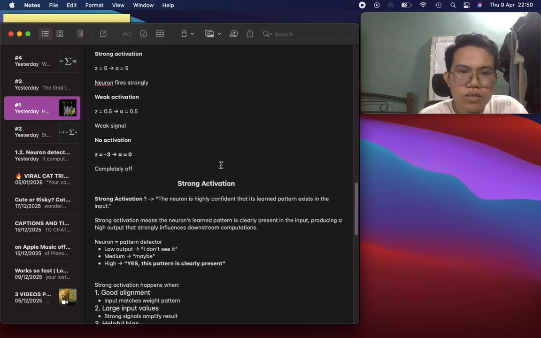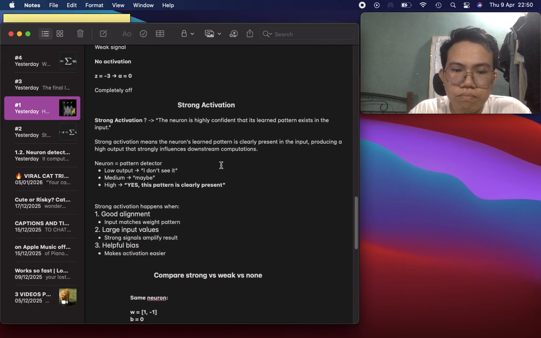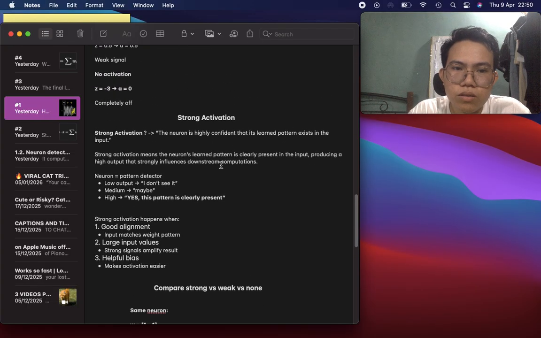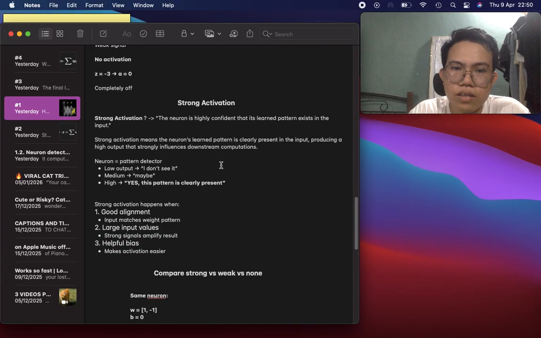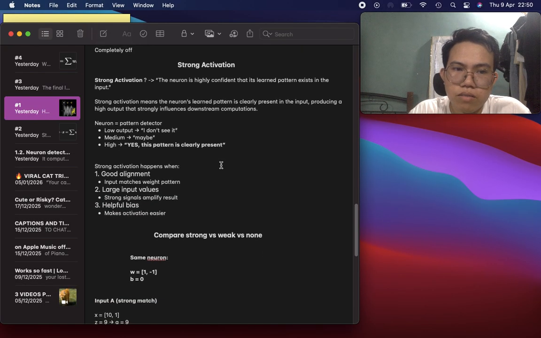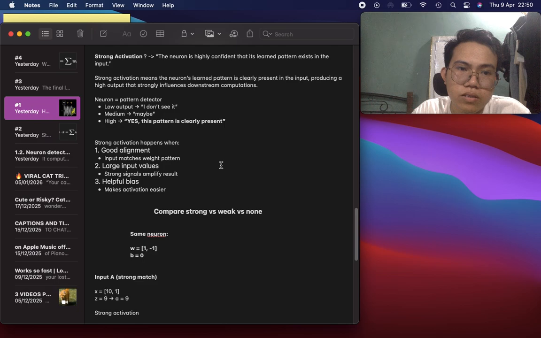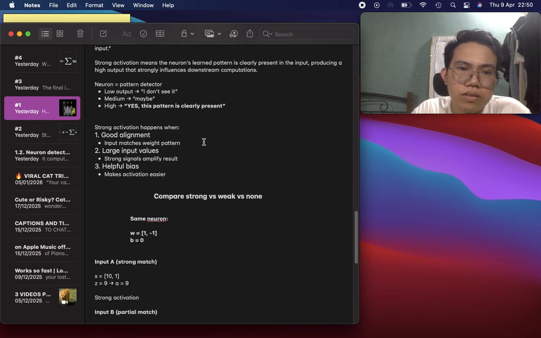And if the activation is equal to 0 or less than 0, that's completely off. So with strong activation, the neuron is highly confident that its learned pattern exists in the input. It means the neuron's learned pattern is clearly present in the input, producing a high output that strongly influences the downstream computation. So you can think of the neuron as a pattern detector.